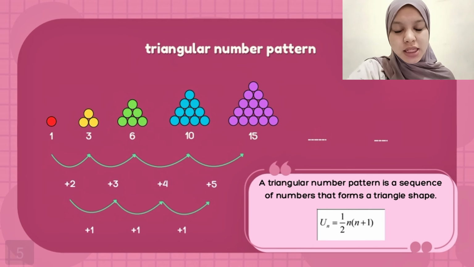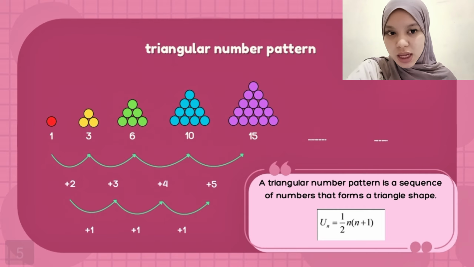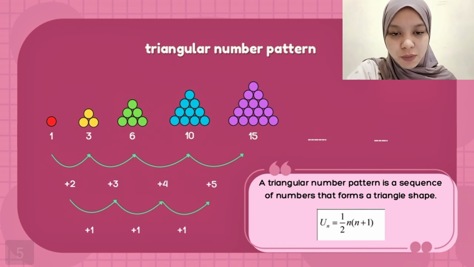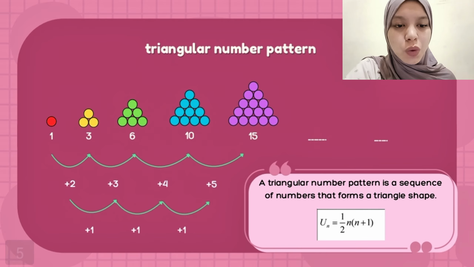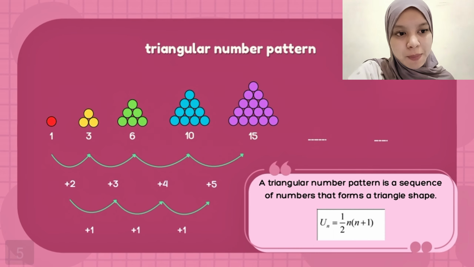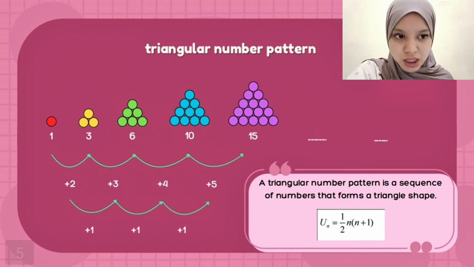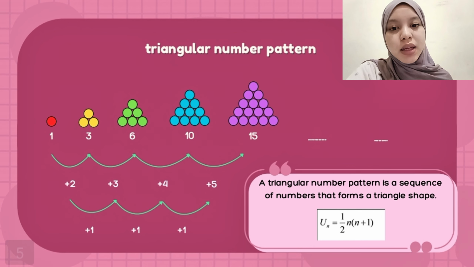Each term in this sequence is obtained by adding the next natural number to the previous term. For example, 1 plus 2 equals 3, 3 plus 3 equals 6, and 6 plus 4 equals 10. Because of this process, the difference between consecutive terms increases by 1. The differences are plus 2, plus 3, and so on.